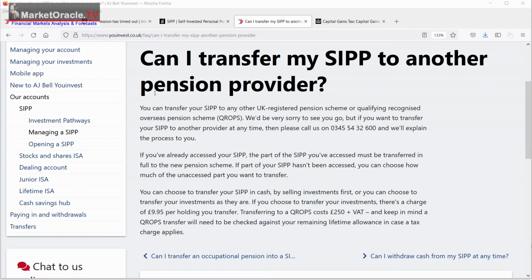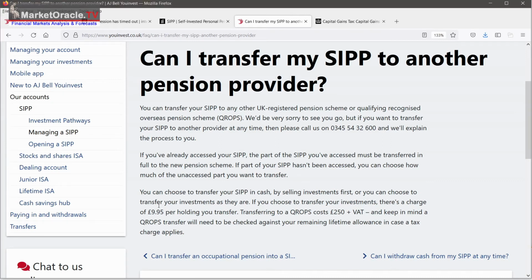So I did a web search for transferring a SIP from AJ Bell to see what the costs were, and it comes out at basically £10 per holding. I've got roughly 30 holdings in my SIP, so £300. You could reduce that by selling some ahead at opportune times, build up more of a cash balance and then transfer, whilst you buy positions in the other SIP.